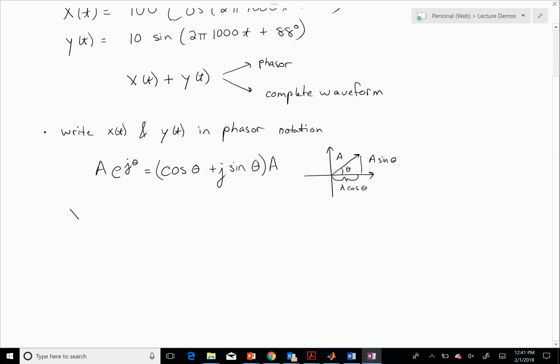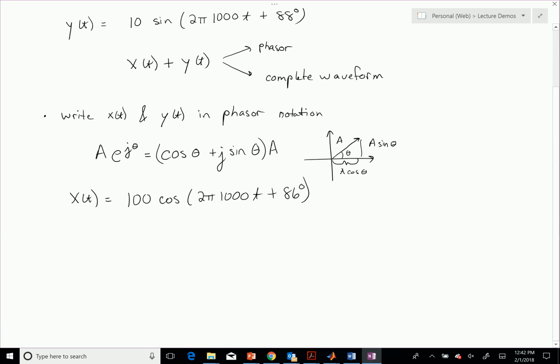So let's look at x of t. x of t was 100 cosine 2 pi 1000 t plus 86 degrees. What I can do is say that theta is equal to 2 pi 1000 t plus 86 degrees.